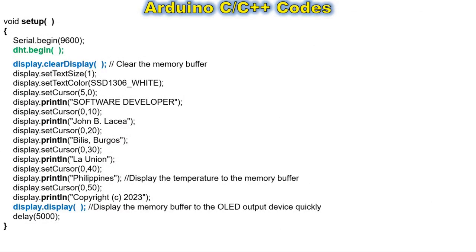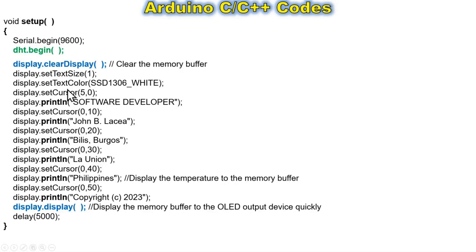The method or function setup is run once by the microcontroller. We call the function begin of the object dht to start measuring the temperature and humidity. The command display.clearDisplay will clear the memory buffer. The command display.setTextSize will set the size of the text.